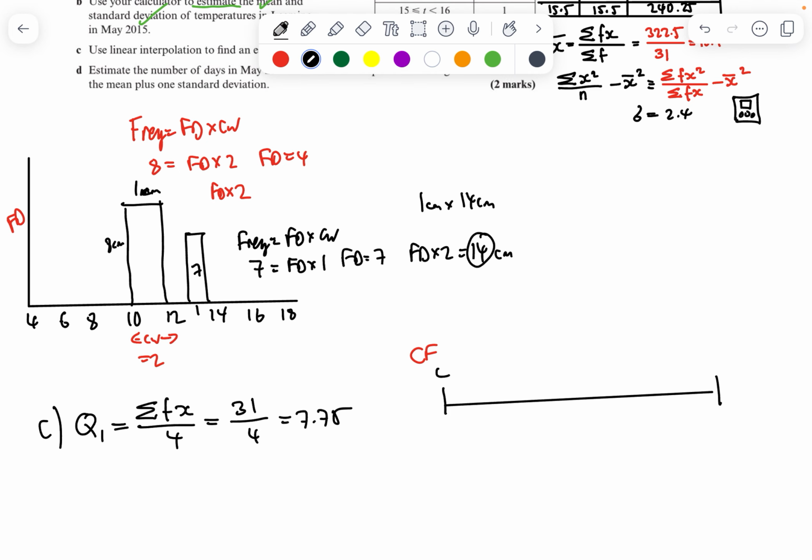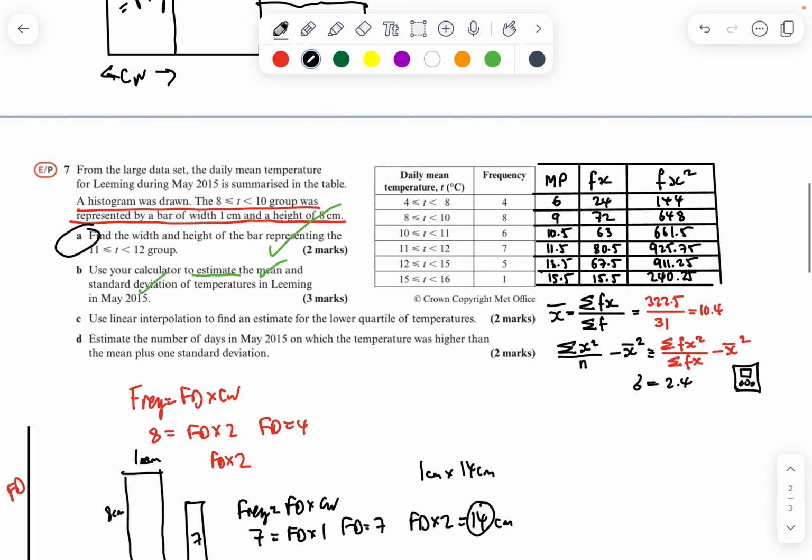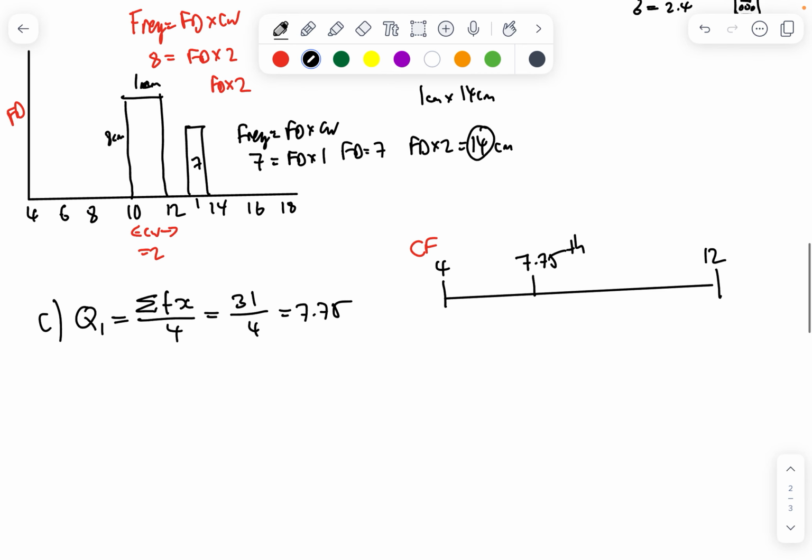So I've got from 4 people up to 12 people. I'm looking for the 7.75th person. And I look at my values. My lower limit for my class is 8 and my upper is 10. So I want to find out what the temperature was on that 7.75th day.